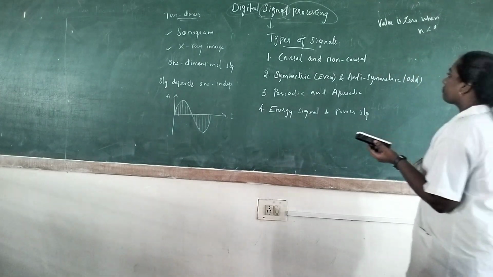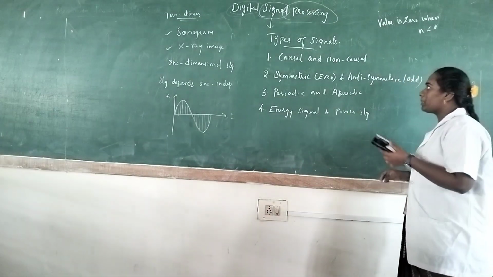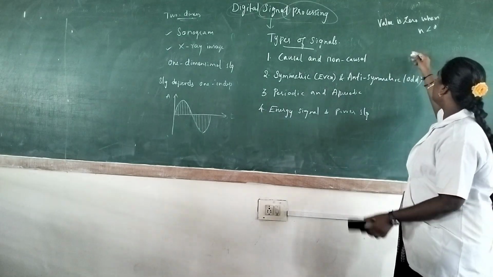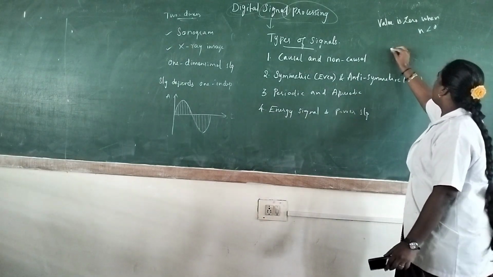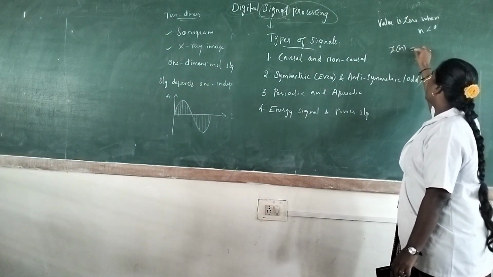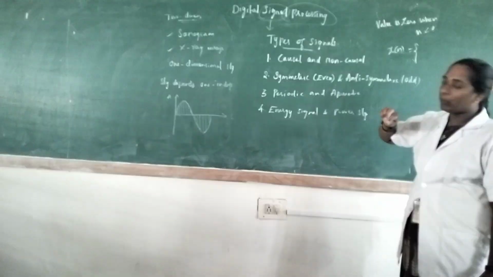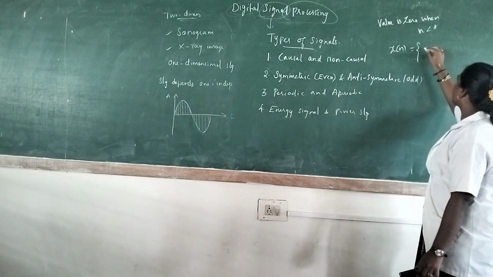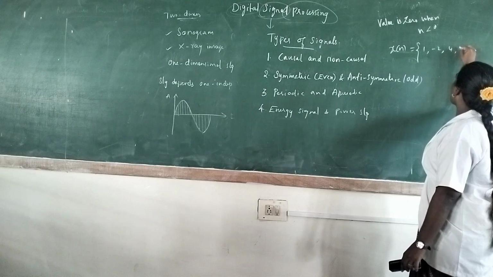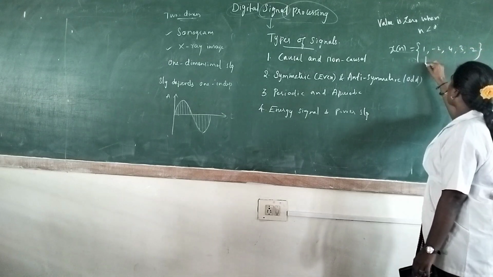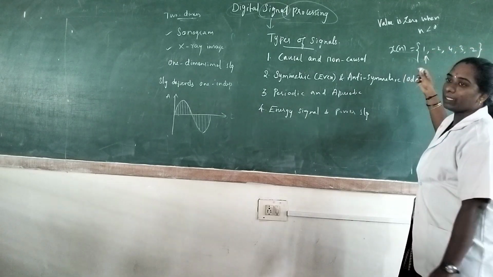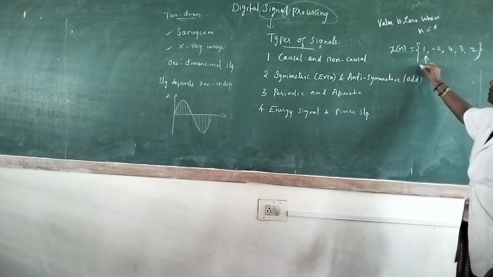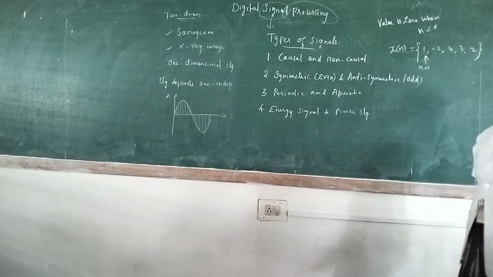So here you can see, now I will represent this causal signal. I am just mentioning it in the sequence format. Okay. So already I told the arrow represents that the sample n is equal to 0.